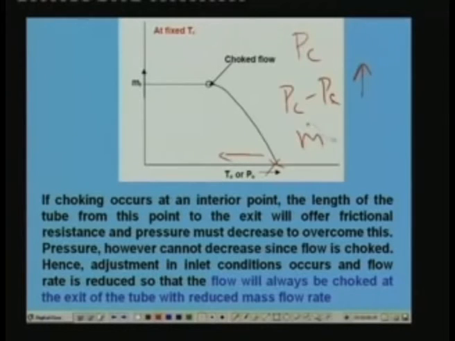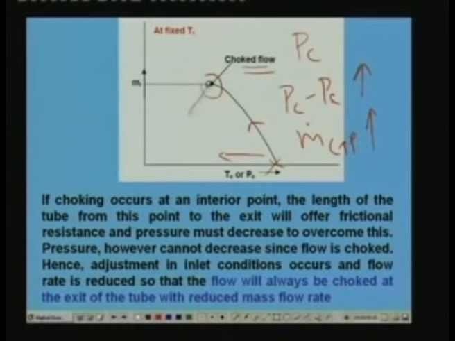So the mass flow rate through the capillary, as I have already explained to you, increases. This process goes on like this, mass flow rate increases continuously, but a point will come at which further reduction in evaporator temperature will not give any further rise in the mass flow rate. Beyond this point mass flow rate remains constant. So this condition is what is known as choke flow condition.